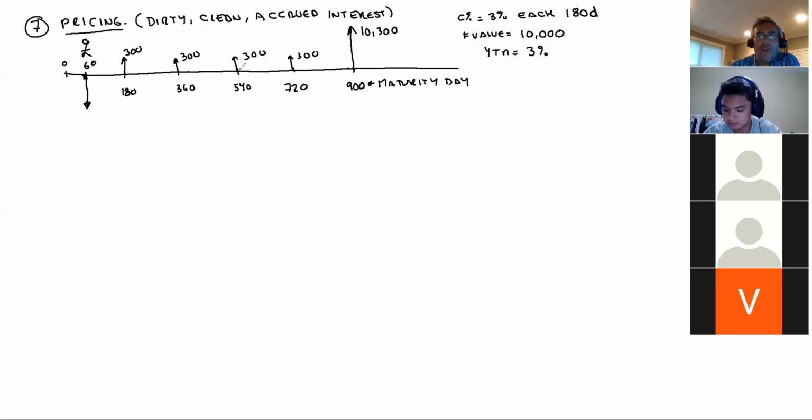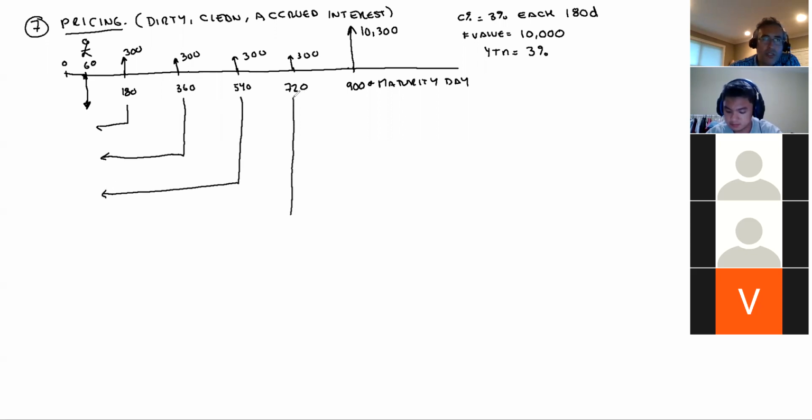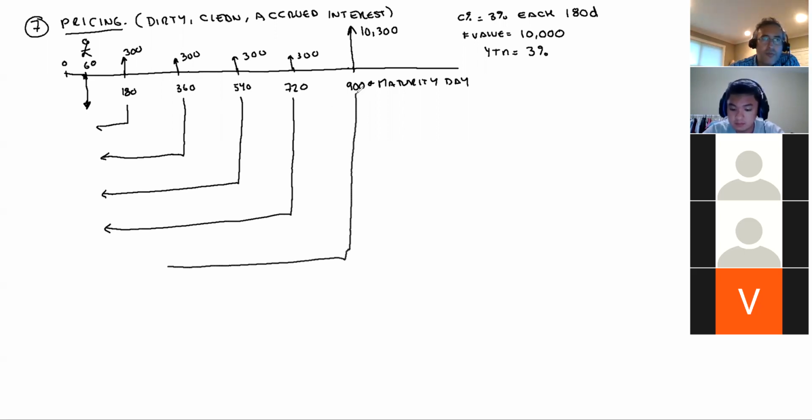Perfect. So you have your cash flow here. Then what we are going to do is, guys, we're going to discount this into this period, this into this period, this one here into this period, here, and here, correct?